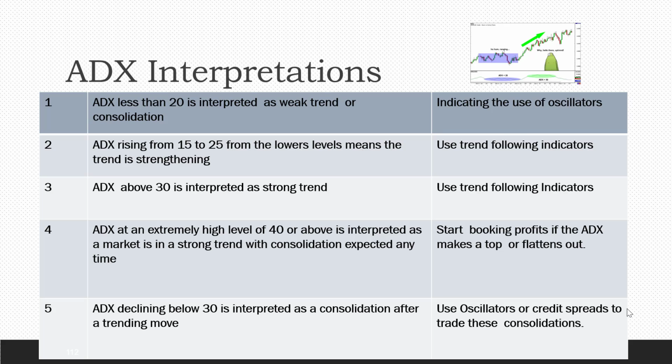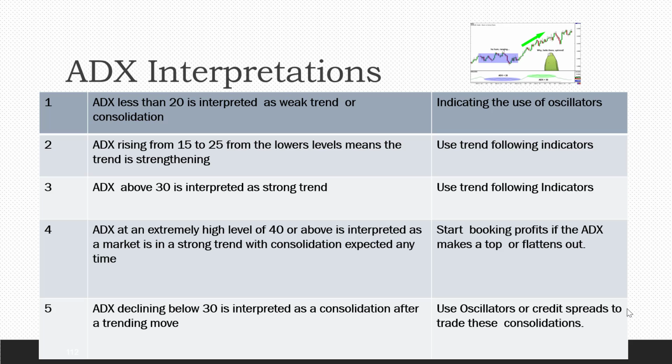Now you must remember this in order to interpret. Most likely you will be getting an ADX line which is very near to the threshold, where you will be required to use only trend following indicators, because we haven't done stochastics so far, or oscillators. So you have to interpret the ADX and decide which way you're going to go.